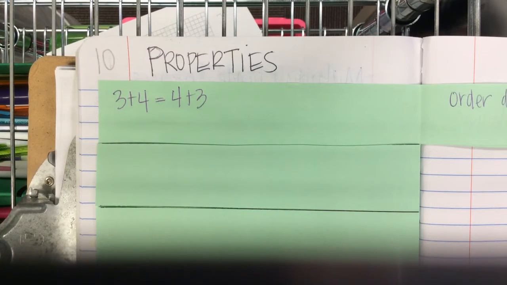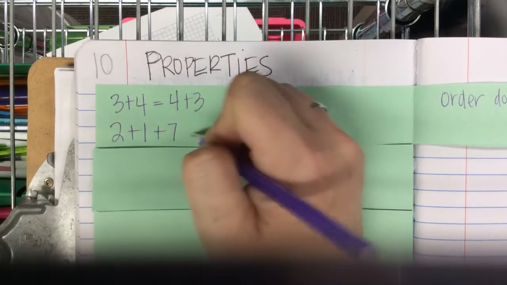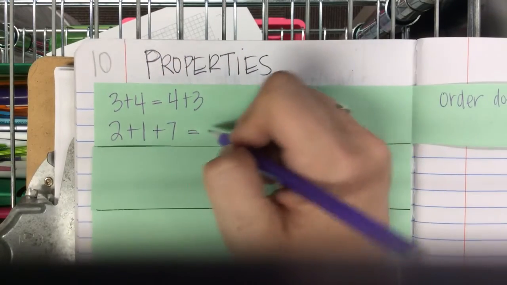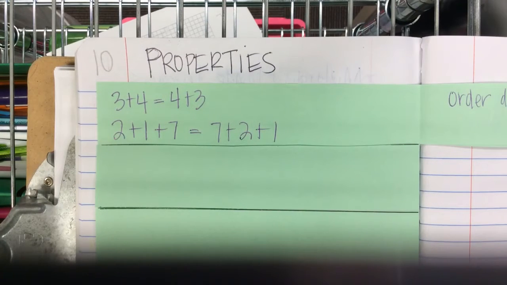Order doesn't matter when you're adding. Another example would be 2 plus 1 plus 7 is the same thing as 7 plus 2 plus 1. It only works when you're only adding.